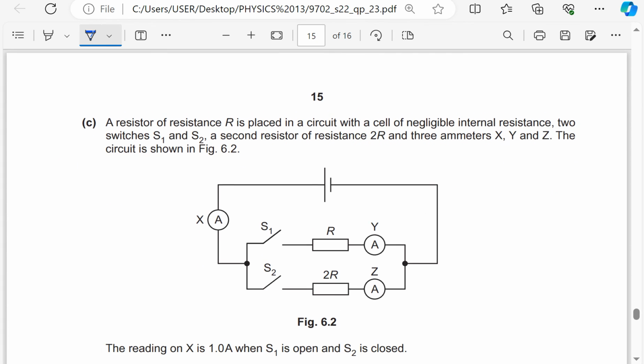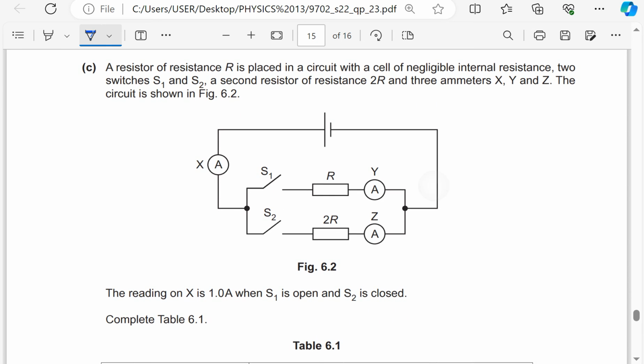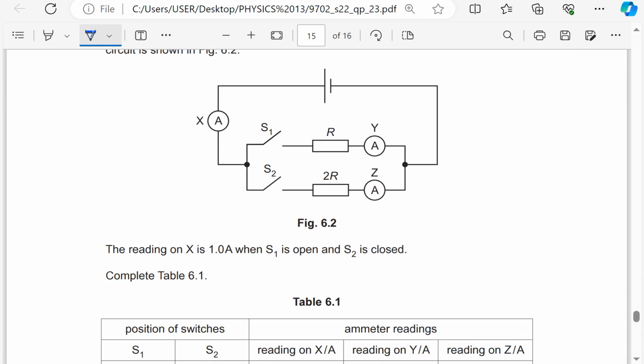A resistor of resistance R is placed in a circuit with a cell of negligible internal resistance, two switches S1 and S2, a second resistor of resistance 2R, and 3 ammeters X, Y, and Z. The circuit is shown. The reading on X is 1.0 when switch S1 is open and S2 is closed.